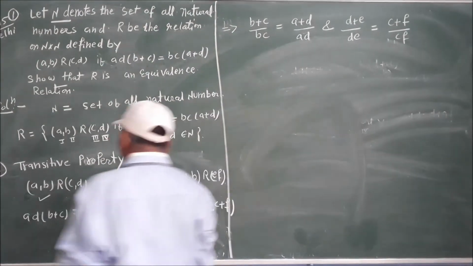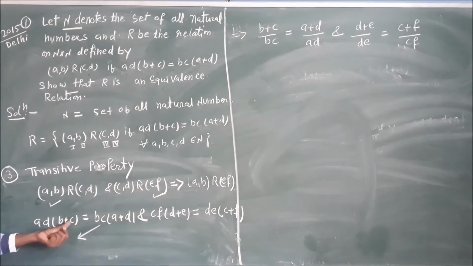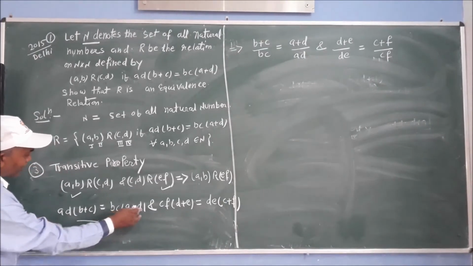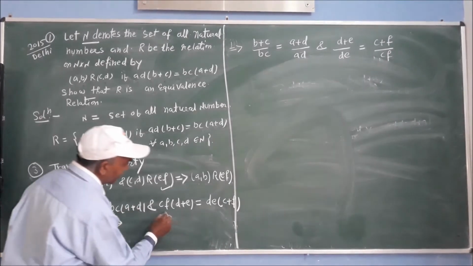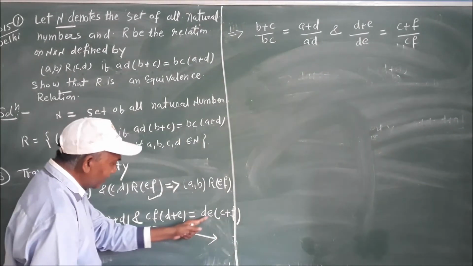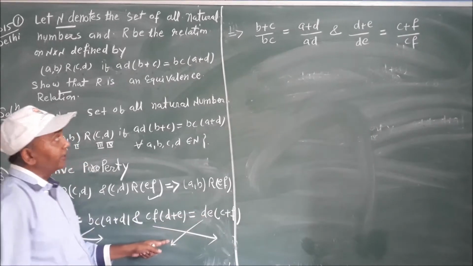See here what I have done. This BC I brought this side, so (B plus C) by BC. This AD I brought this side, (A plus D) by AD. This CF I brought this side, (C plus F) by CF, and this DE, (D plus E) by DE.